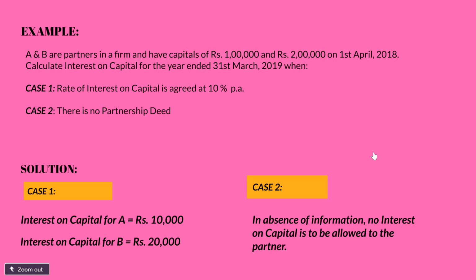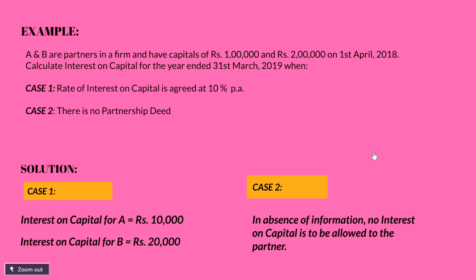Now, as we just learnt, in case 1 we can allow interest on capital to A and B at 10% per annum, but in case 2, since there is no partnership deed, no interest on capital is to be allowed. Now going back to case 1, the interest on capital for A is on 1 lakh at 10%.